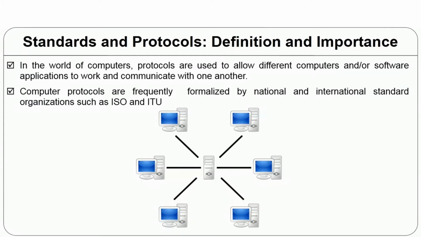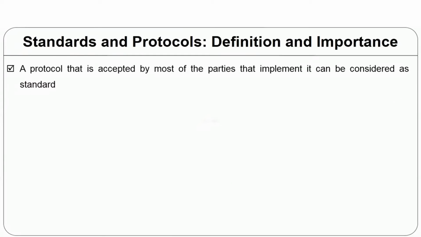Computer protocols are frequently formalized by national and international standard organizations. There is an organization known as ISO, the International Standard Organization. In communication, there is something called ITU. So all these are standards. If you are following an ISO standard, that means all products are meeting the same specification and functional requirements. A protocol accepted by most of the parties that implement it can be considered a standard.